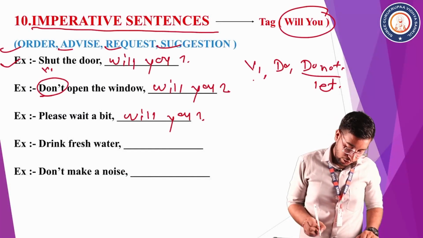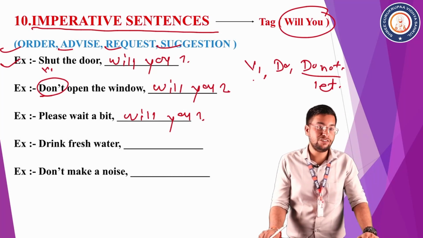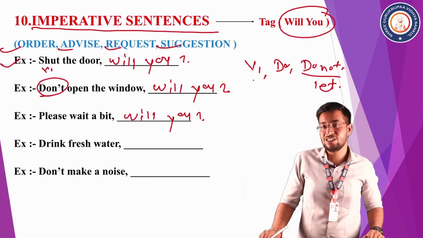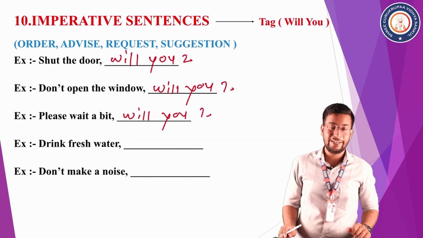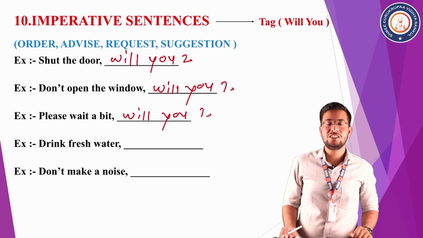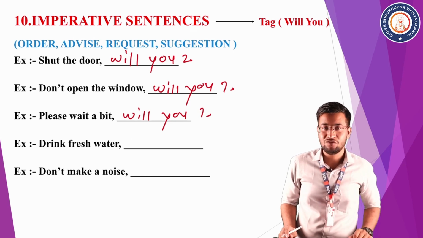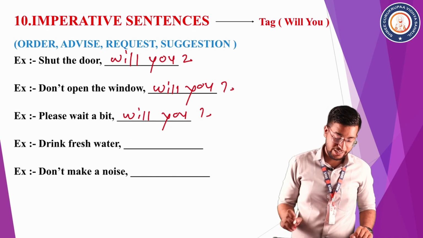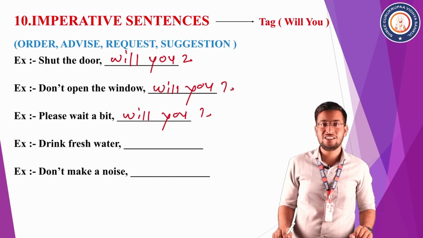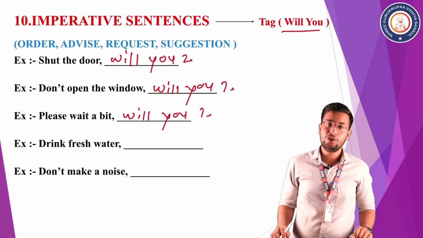Our next example, drink fresh water. You are advising someone. So we will use "will you" as a tag. Our rule says if there is an imperative sentence in the statement, we use "will you" as a tag.